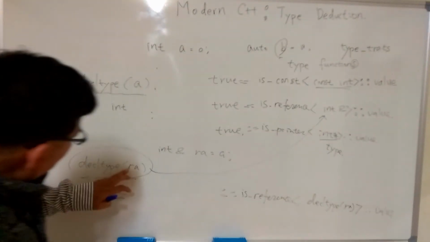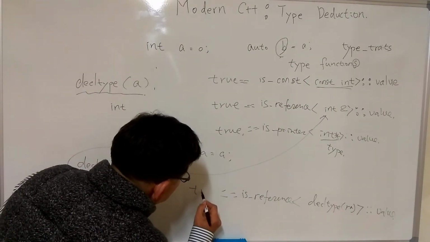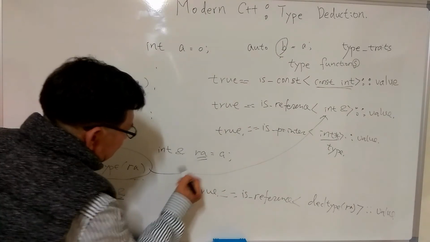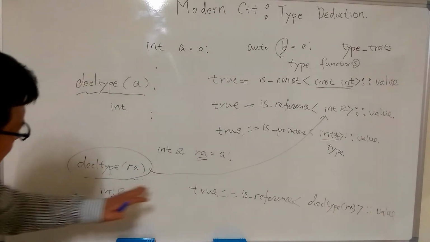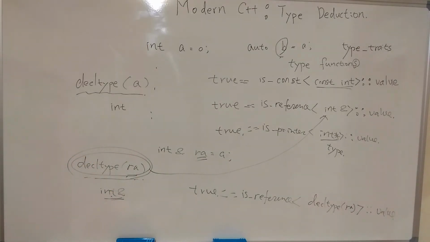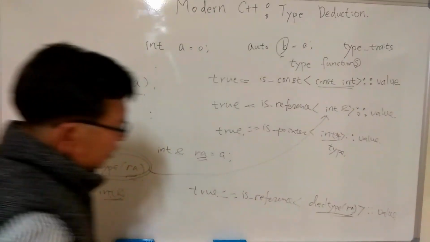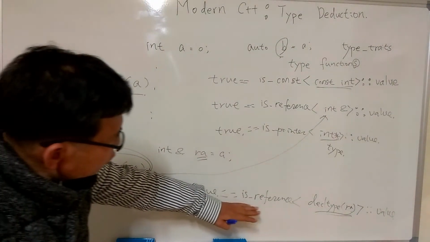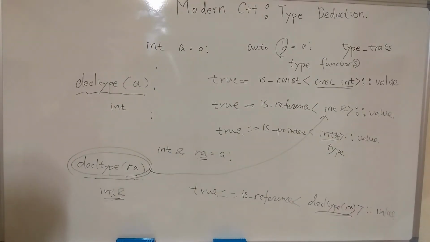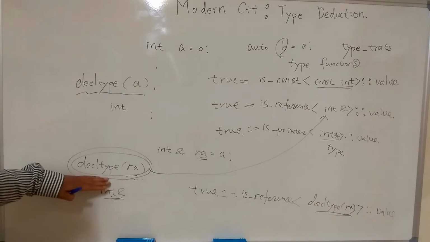Then, since ra is a reference, it will be true. So if we have a variable and want to convert it to a type, we use decltype like this. If we put this as an argument to the type function, we can find out whether this variable is a reference or not. So please remember this mechanism, decltype.